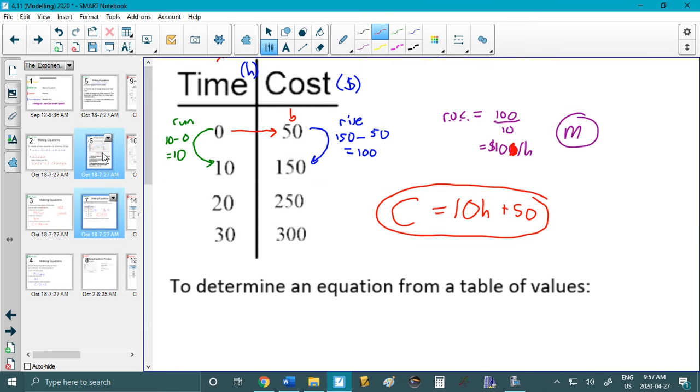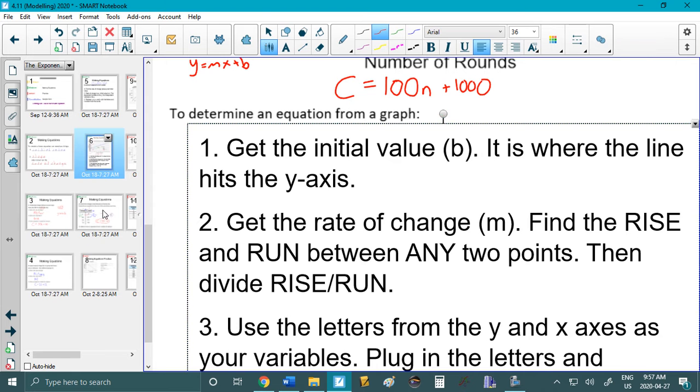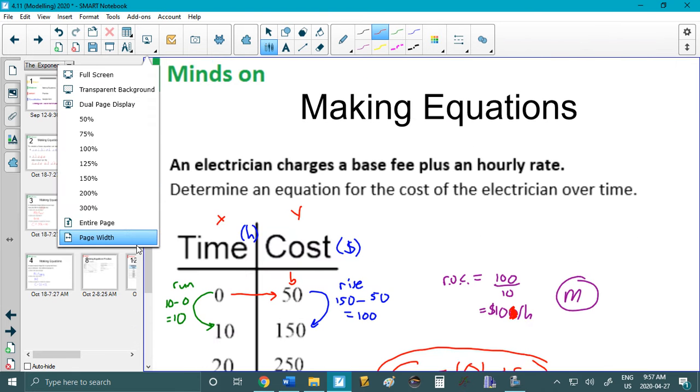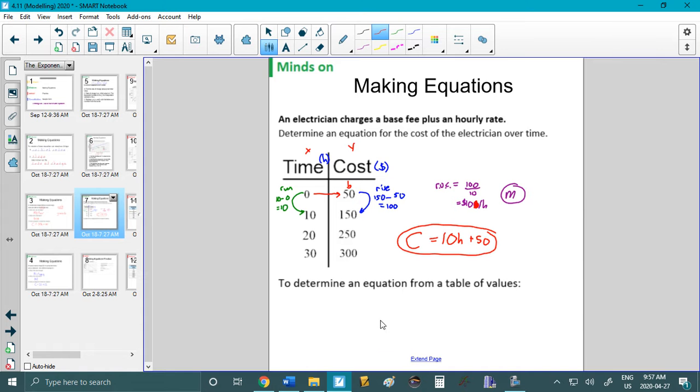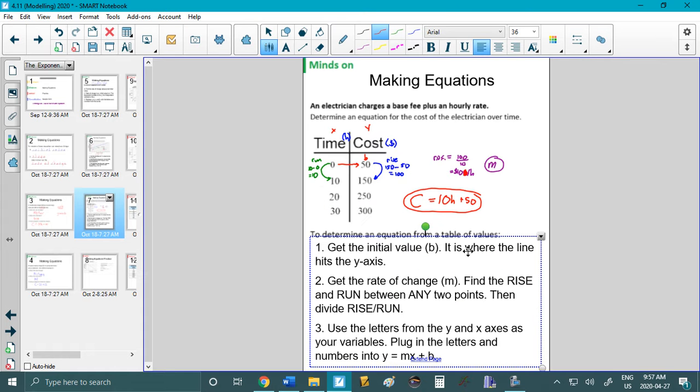And now, to determine the equation from a table of values, I'm going to copy this, paste it, and then just make a couple of changes, because I want you to see how similar these are. So step one, get the initial value b. It is the y value when x equals 0. And that's what we did. Get the rate of change.